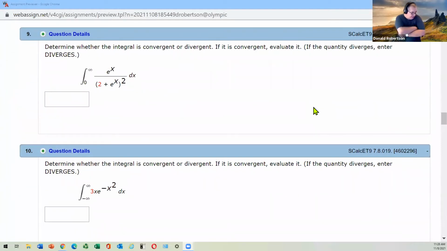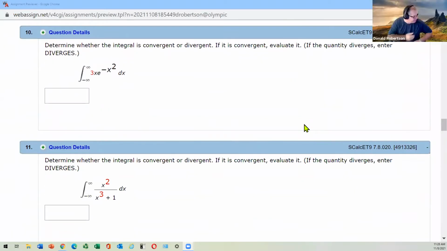Okay, question 9. What method would I use in question 9? Just to integrate, what method? U-sub. Agreed. What's the u-sub going to be? 2 plus e to the x power. Yep. Question 10. What would we use?